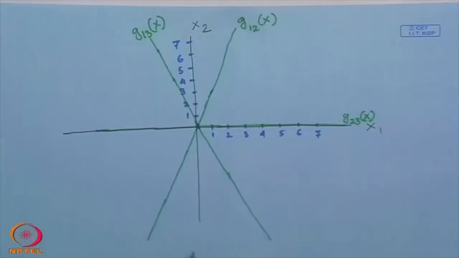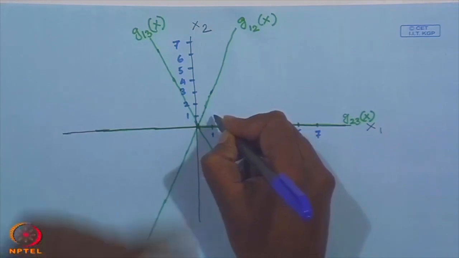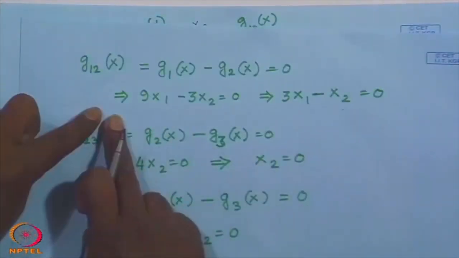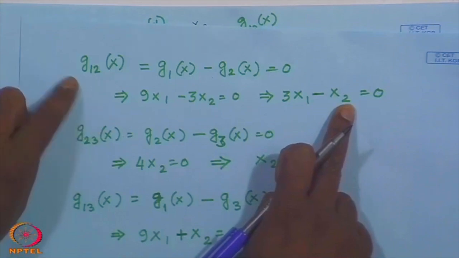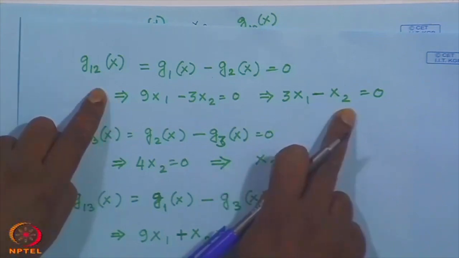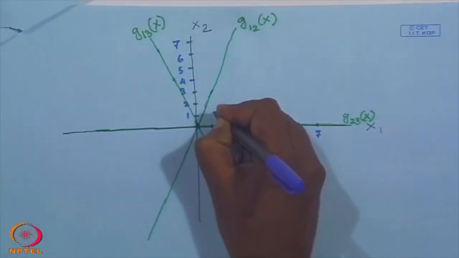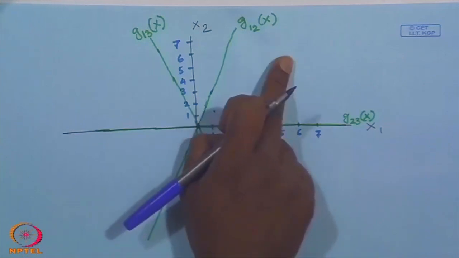So, let us see what is the positive side of these different decision boundaries. If I take a point say 1 1 and put that into g 1 2 x, if I put x 1 equal to 1, x 2 equal to 1, then g 1 2 x is equal to 2. That means, this point 1 1, which is somewhere over here, is on the positive side of g 1 2 x.